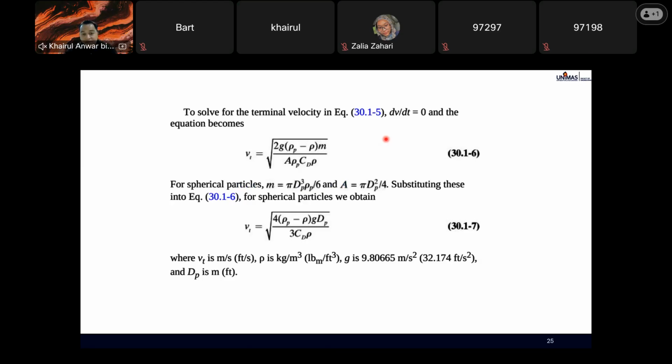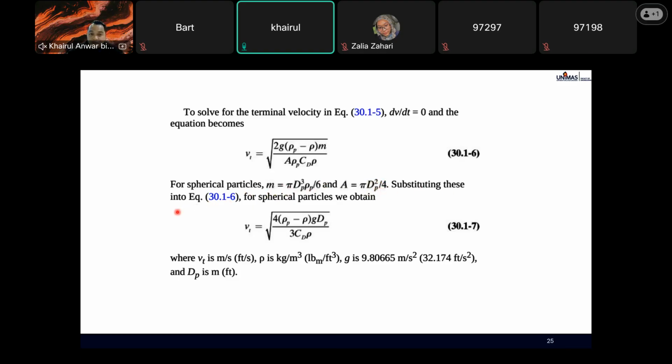To solve for the terminal velocity in equation 30.1-5, set dv over dt equal to 0, and the equation becomes 30.1-6. For a spherical particle, m is equal to this equation, and A equal to pi Dp squared over 4.